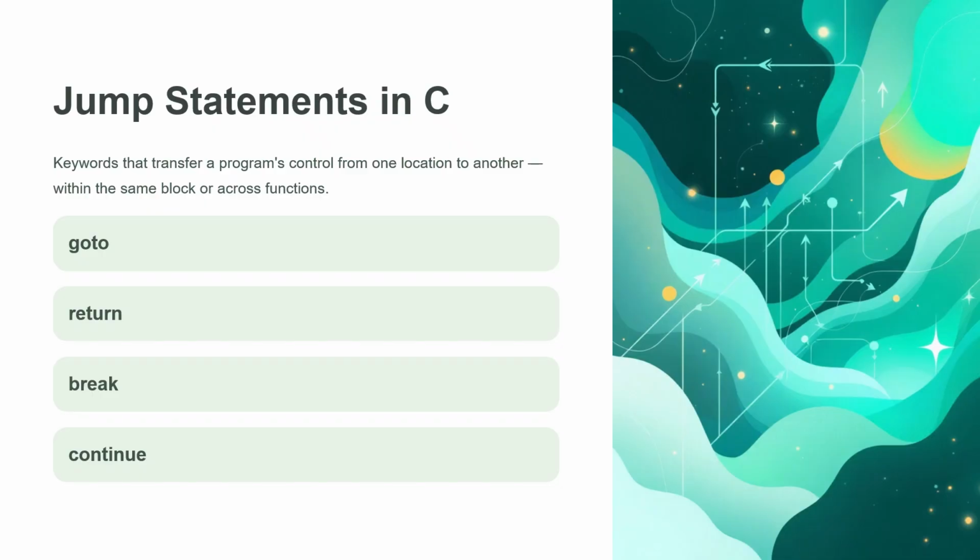So now let us discuss jump statements in C. Jump statements are used to transfer control from one location to another.